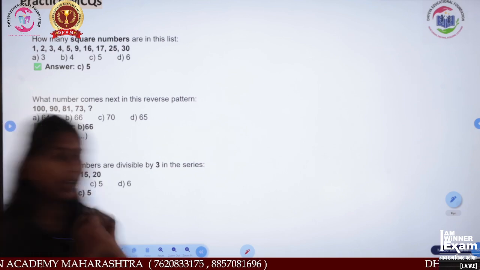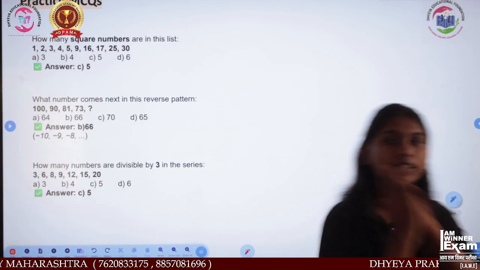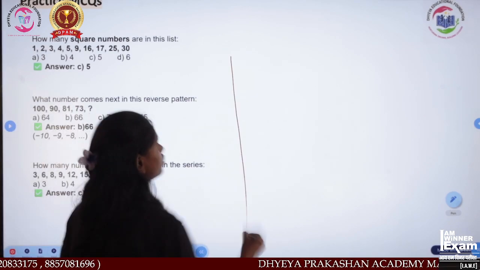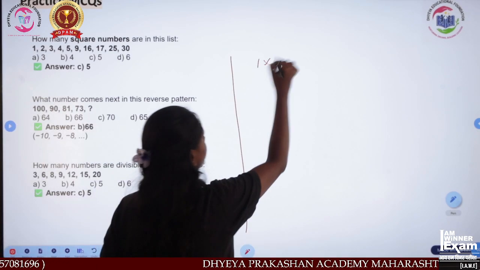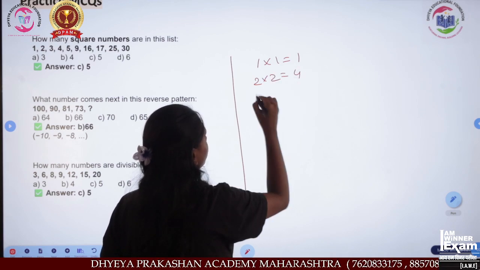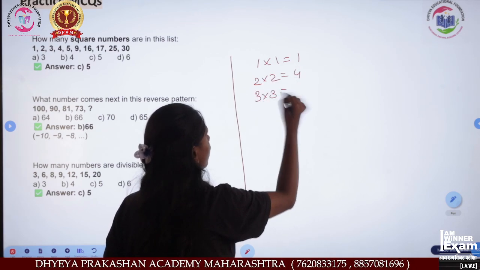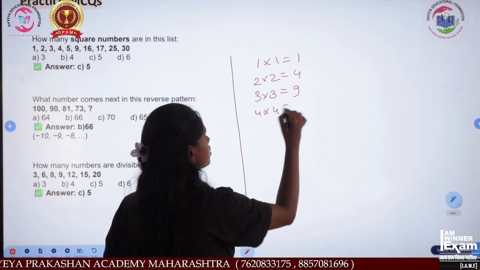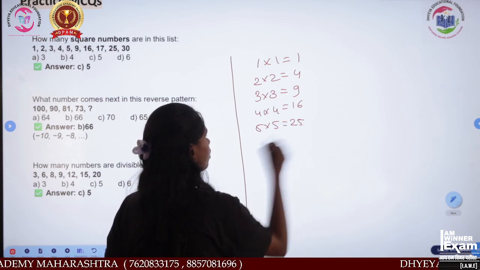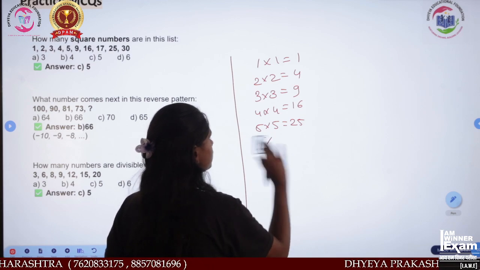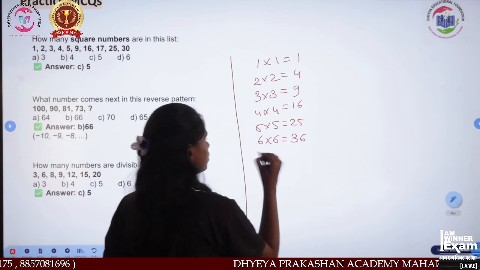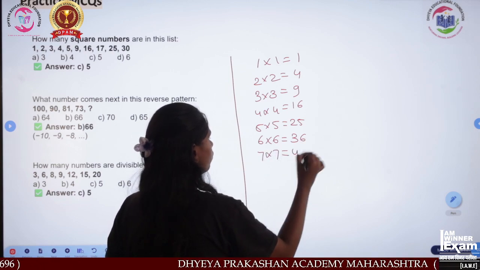Now we have to find out that how many numbers are the square numbers here. So let's write down the square numbers here. That means 1 1s are 1, 2 2s are 4, 3 3s are 9, 4 4s are 16, 5 5s are 25, 6 6 are 36, 7 7s are 49.